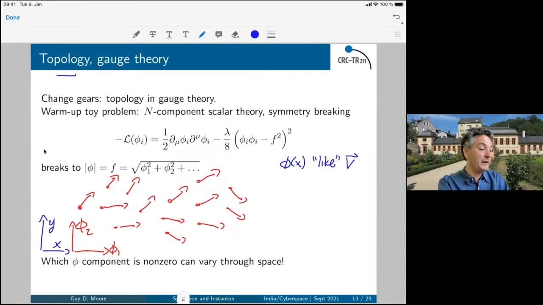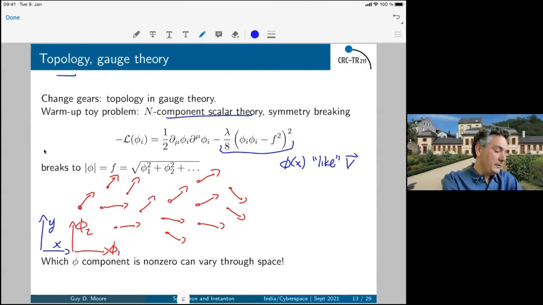So we start out by thinking about n-component scalar theory. And for simplicity, I'll think about n equals 2 and in 2 dimensions. I am then going to have a spontaneously symmetry breaking wine bottle potential.